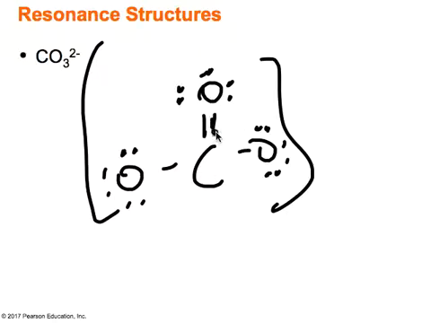So what is truly happening here is all three of these bonds are identical. None of them are single bonds or double bonds, but they're in between a single and a double. If I would average them, and I don't have these numbers on me. Actually, I do on the next page. I wasn't paying attention. So they all have identical bond lengths of 136 picometers.